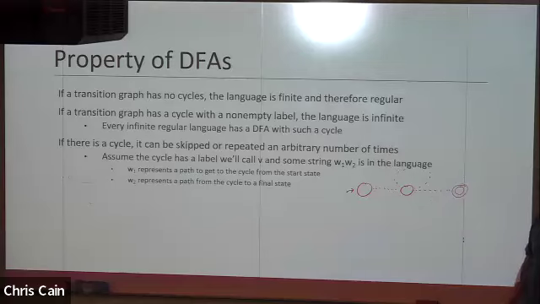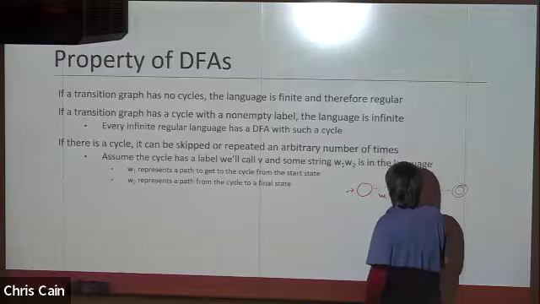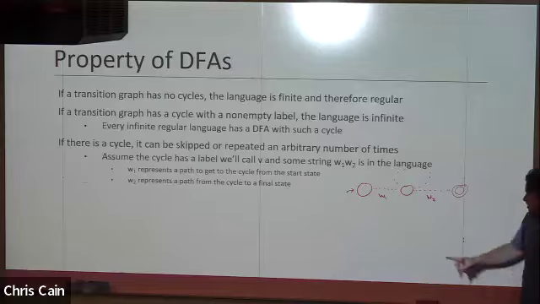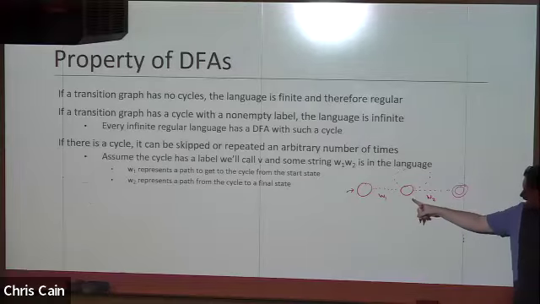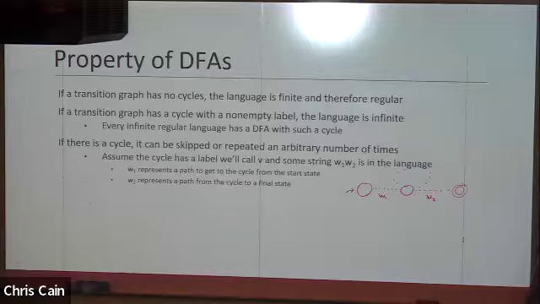These are the 3 components of identifying a string that contains a cycle within it. So this is the concept of W1. This is the concept of W2. Getting to the cycle from the start state, getting to the final state from where the cycle ends. Because we need to be able to repeat that cycle, which means that we need to get back to it somehow.